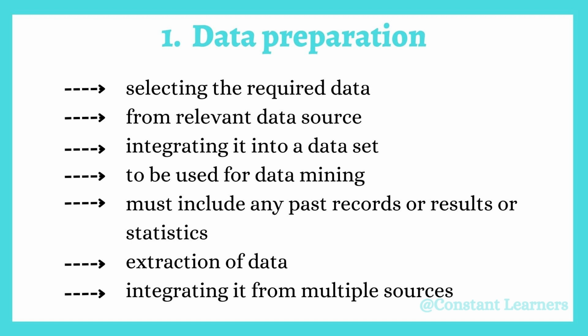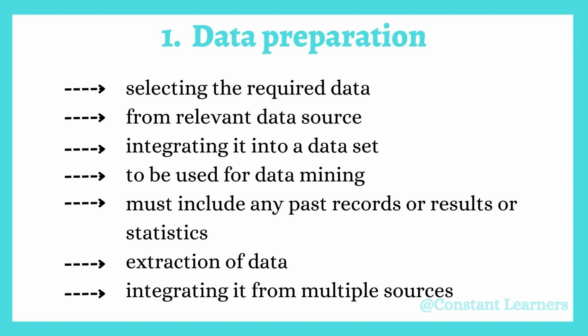Okay. So, first step is data preparation, and second step is data mining. So, we need to prepare the data. In this step, we are preparing the data so that we can move it forward for data mining.